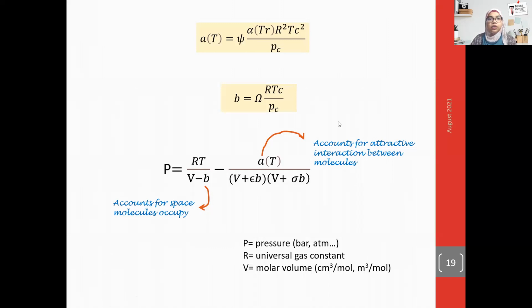Okay, this is the general form of the cubic equation of state. We have pressure equal to RT over volume minus b, and b and a are constants. So b here accounts for the space the molecules occupy, so in the system we consider the space occupied by molecules.